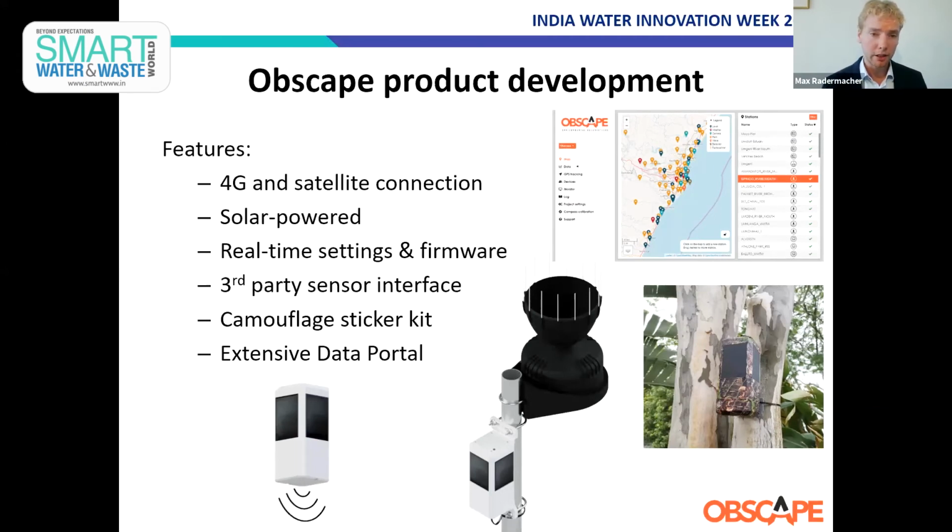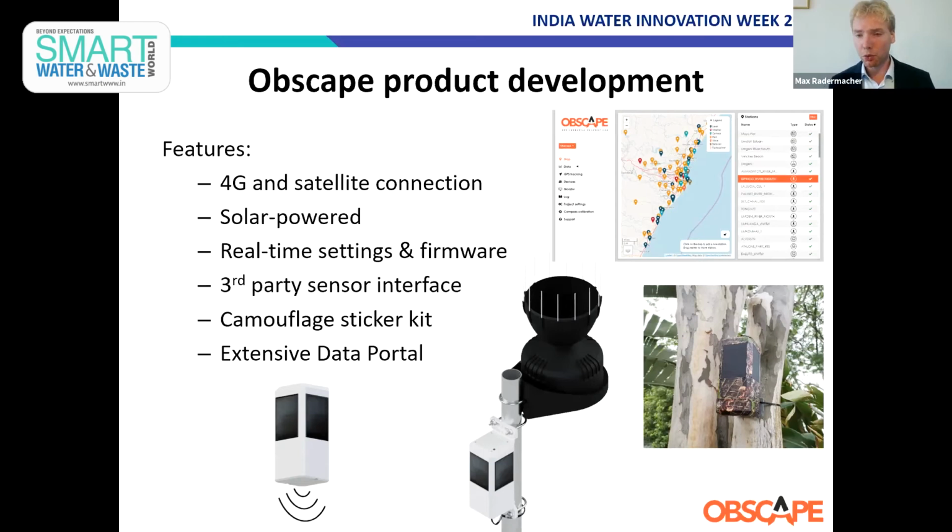They have a generic third-party sensor interface, which allows us to basically connect each and every off-the-shelf sensor to this power and telemetry module. So you can basically turn it into a real-time monitoring device for anything. We also supply camouflage sticker kits, because you can imagine that Durban is a theft-sensitive environment.